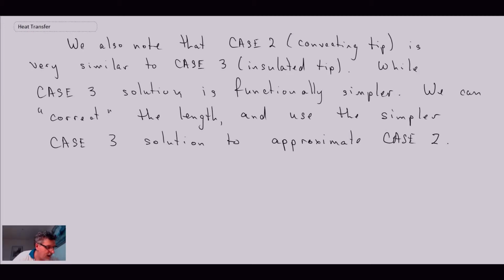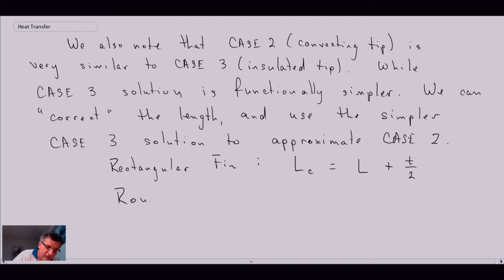The correction depends on whether we're dealing with a rectangular or a round fin. If we have a rectangular fin, the corrected length, which we denote with capital L, little c for corrected, is going to be the length plus the thickness divided by 2.